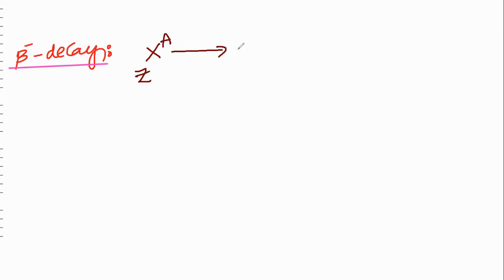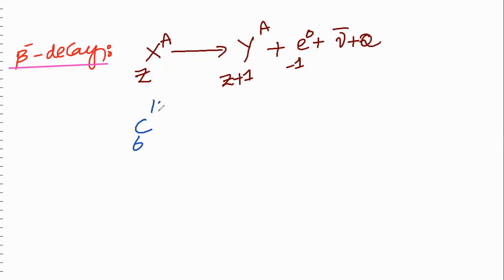X with Z, A gives rise to Y with Z plus 1, A, plus an electron, e minus 1, 0, plus an anti-neutrino, along with energy. For example, carbon 6, 14 gives rise to nitrogen 7, 14, plus e minus 1, 0, plus anti-neutrino, plus energy. This is negative beta decay.